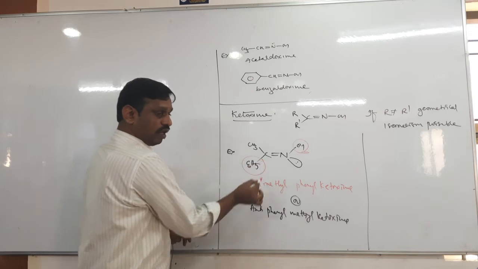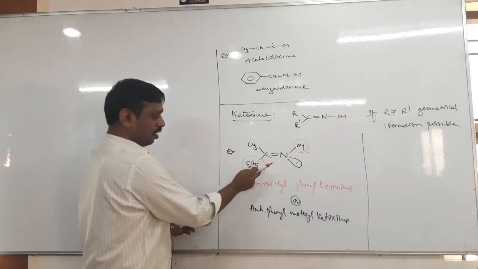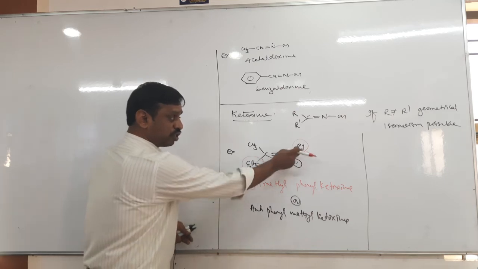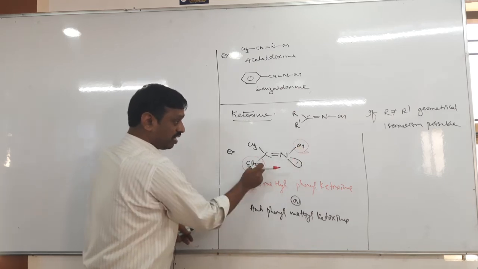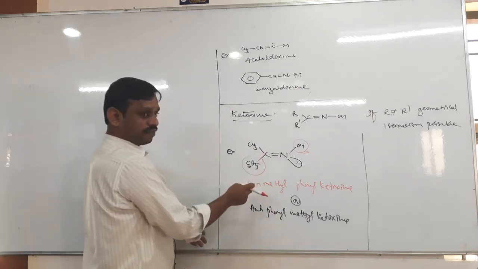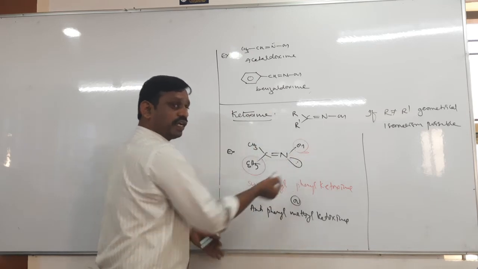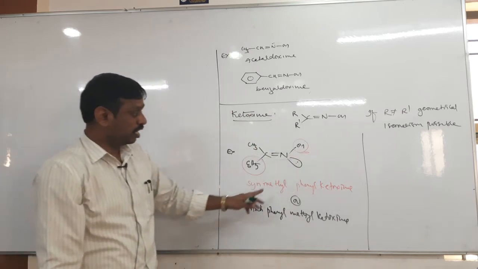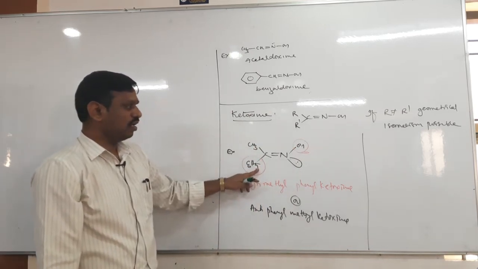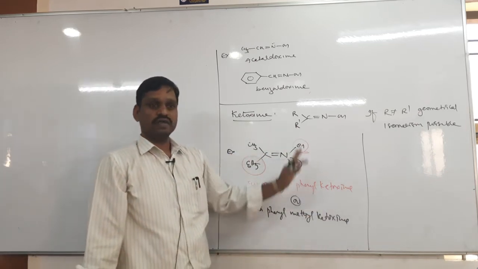Phenyl, no? Hence it is called anti-phenyl. You know, phenyl is in the anti position to OH, no? It is anti-phenyl. I have written the name, it is phenyl methyl ketoxime, no? The whole name is ketoxime. It becomes anti-phenyl methyl ketoxime. The whole name is that.